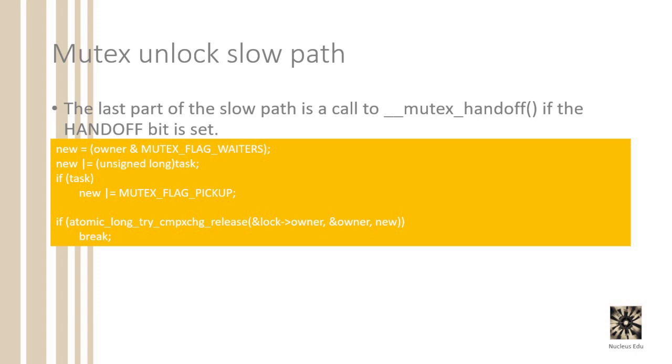And this is the most relevant part of the code here. If you see, what's happening is this function is basically creating a new long variable, and it's setting it to the task which was dequeued from the wait list.